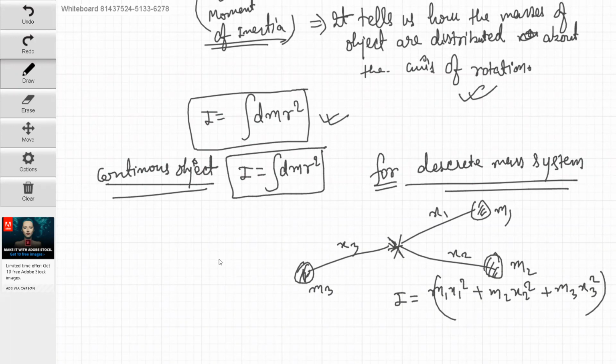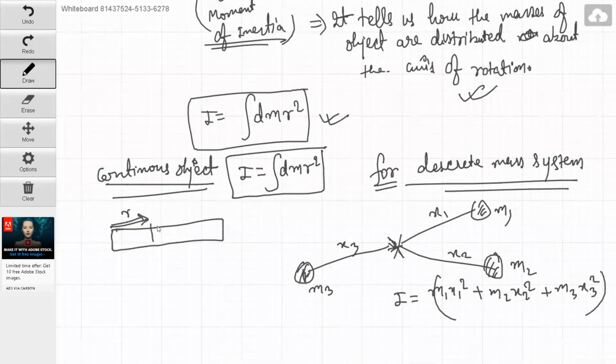Is this okay? And for continuous mass system, what we do, like if you select a rod, for this rod at r distance, I will take a small thickness dr, its mass will be equal to dm. Suppose this is the axis of rotation, what will be the moment of inertia for this dm?